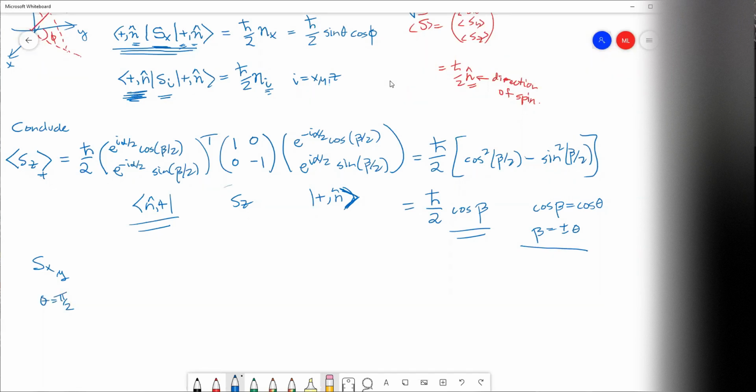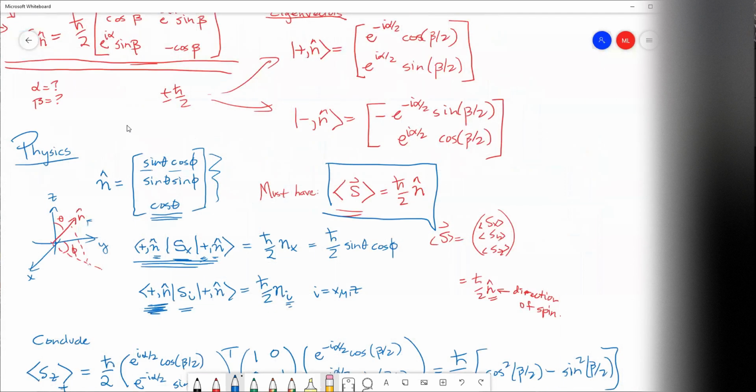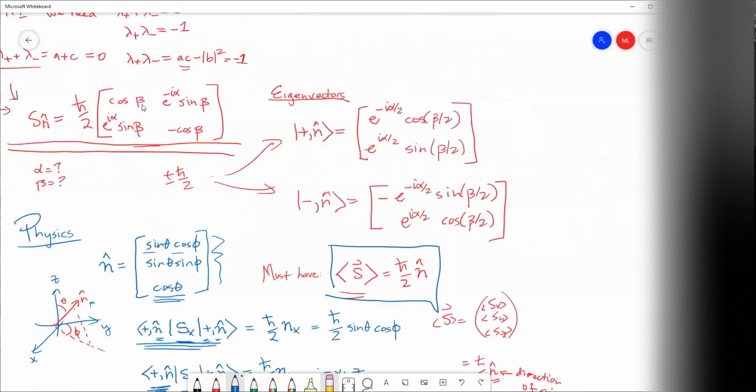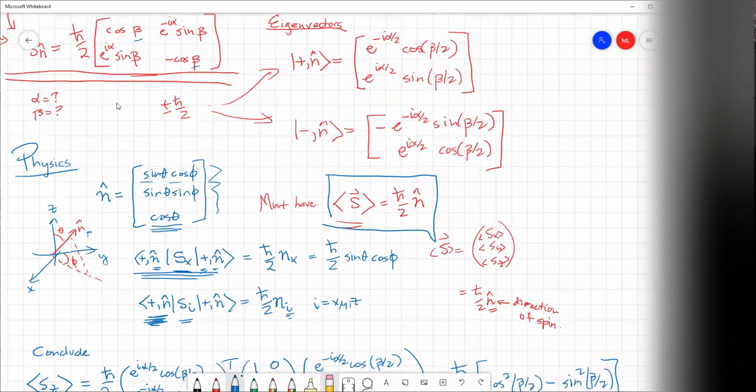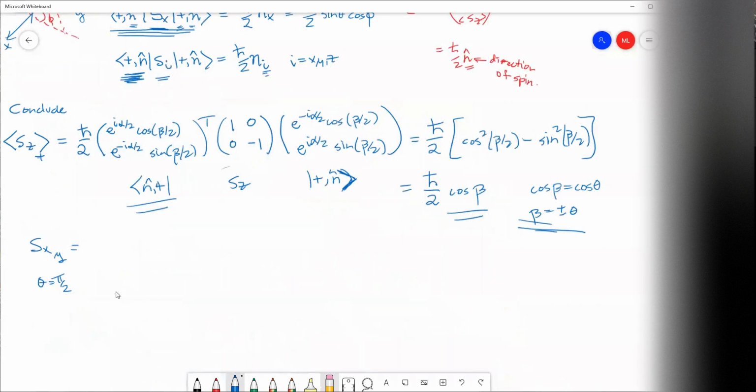Since beta is plus or minus theta, if we stick in pi over 2 for this beta up here, this becomes 0, because it's cosine of pi over 2. So the form of this so far must look like this: 0, e to the minus i alpha. And this alpha might depend on the x or y direction, I don't know. But these are both zeros, and the sine parts are 1.